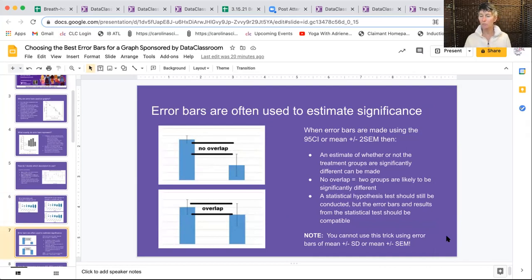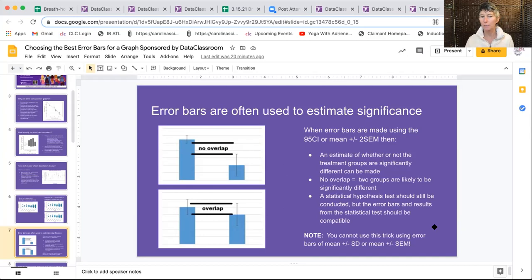Now, I would not suggest that you use this in lieu of a statistical hypothesis test. It should simply be a confirmation that the statistical hypothesis test was calculated correctly, to see this agreeability between the graph and the outcome of the statistical hypothesis test.